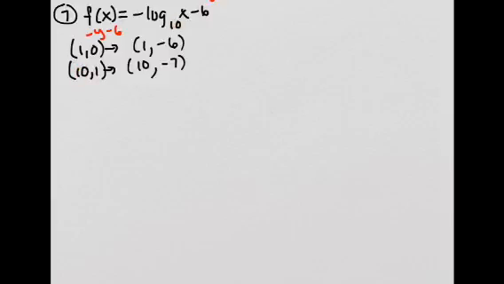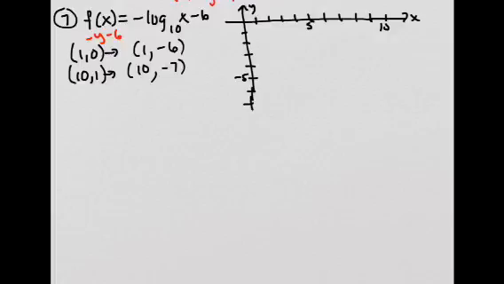So now we're going to sketch it. Logarithmic equations have vertical asymptotes determined by h. h in this case is 0, so we have a vertical asymptote right here. x equals 0, so vertical asymptote, x equals 0. We're going to plot the points (1, -6) and (10, -7), so it's about here.